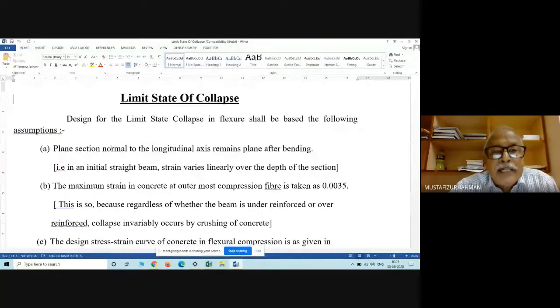But in case of a beam, the breadth and depth are almost the same, and length is comparatively larger than the breadth and depth. That's why a beam is normally considered a uniaxial member, and a slab is considered a biaxial member, two axes, one lengthwise axis, one breadthwise axis. The third dimension is very small.